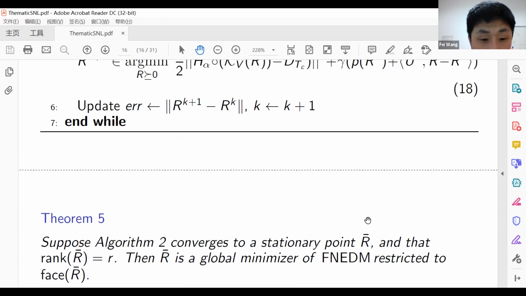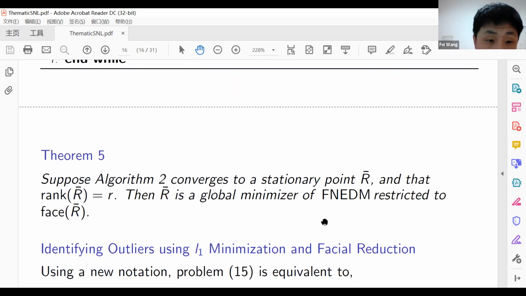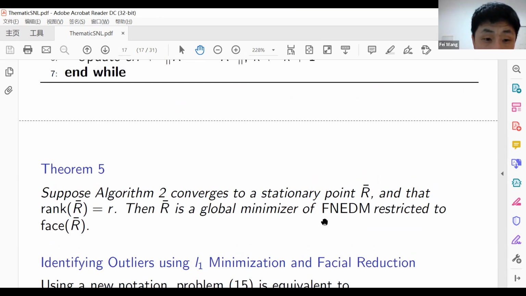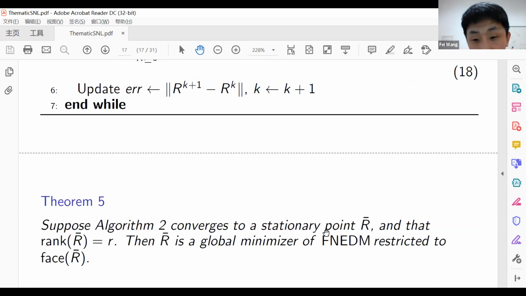So there's a nice theory about this approach. It says if this rank majorization algorithm converges to the stationary point R bar, and the stationary point happens to be of rank r, then R bar is a global minimizer of the feature reduced nearest problem.